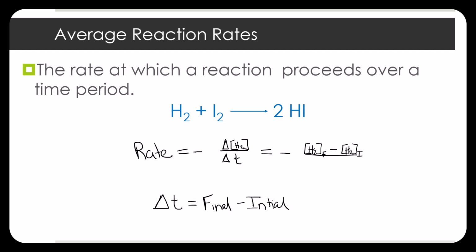We're going to do the same thing for time on the bottom. So we're going to look at the time at some final time, and we're going to look at time wherever we started, so initial. So this is how we would calculate the rate. If we're given some experimental data, we can plug in the values for concentration, we can plug in the values for time, and that would give us the rate.